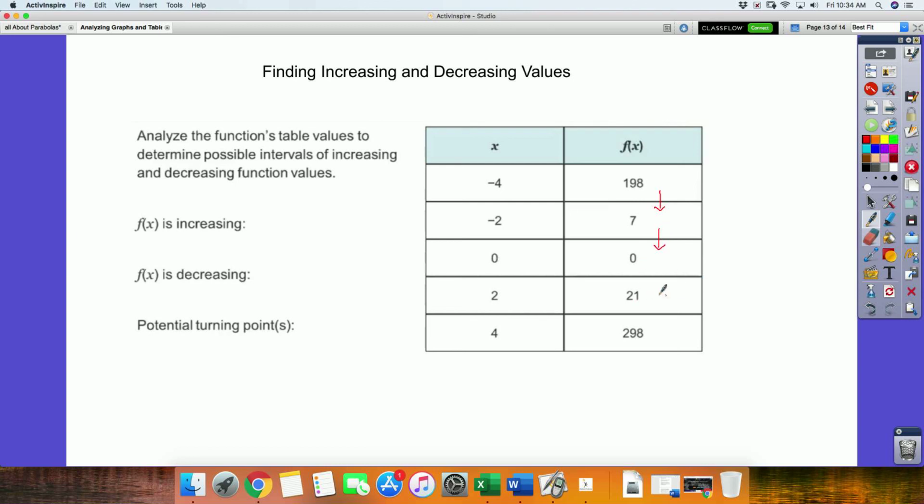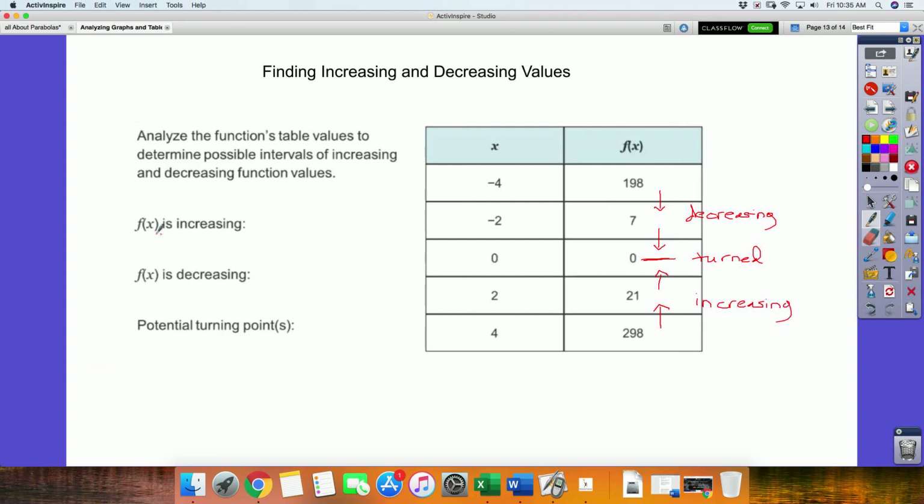Then from 0 to 21, that got bigger. And from 21 to 298, that also got bigger. So that means in this area right here, it was decreasing. Then right about here, it turned. And then it started increasing.